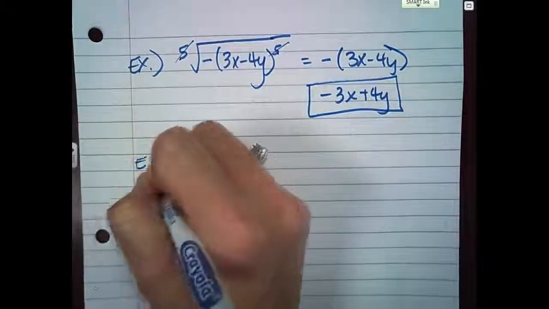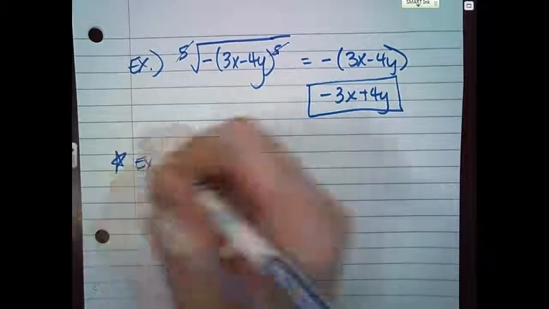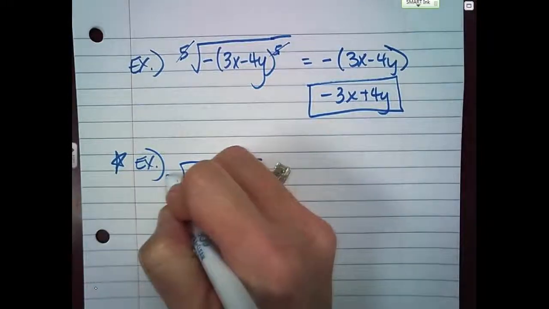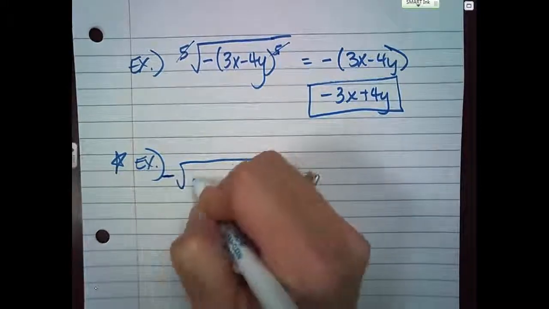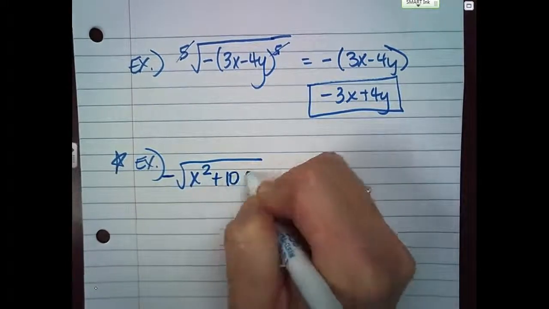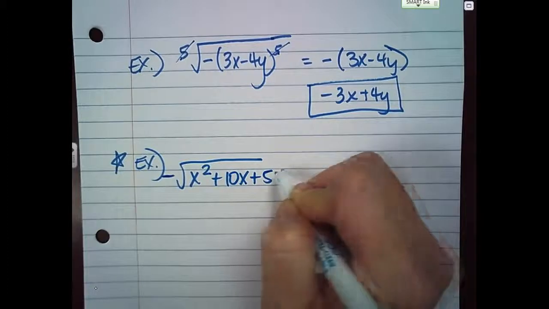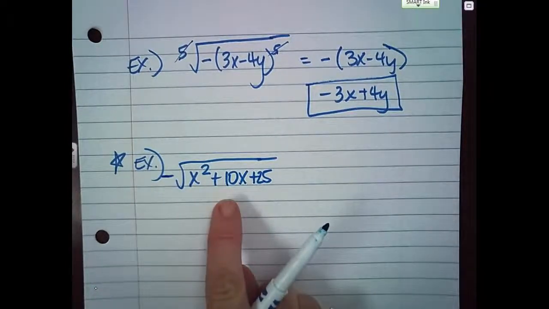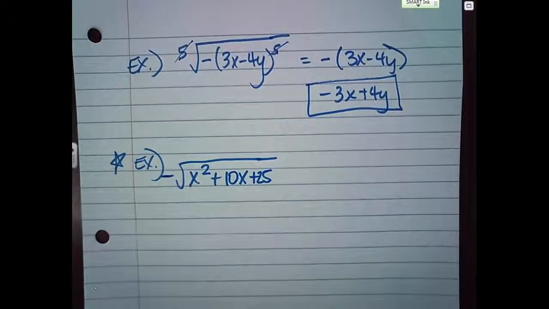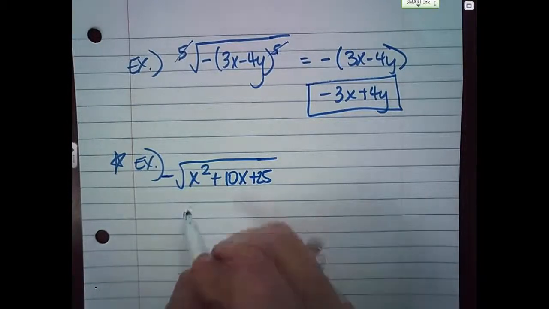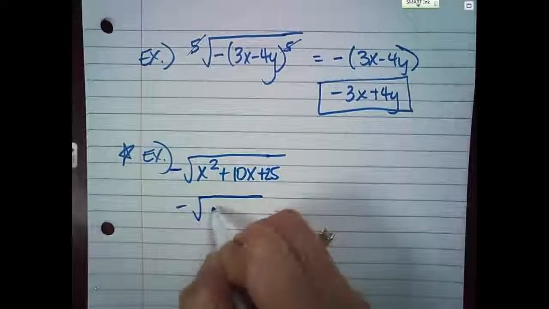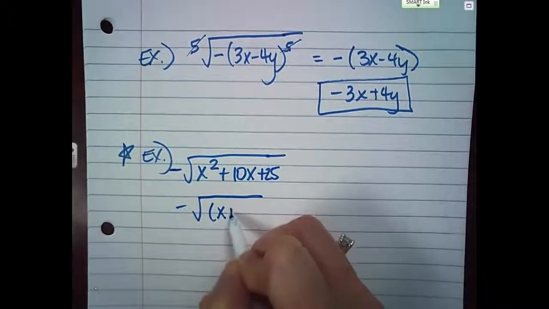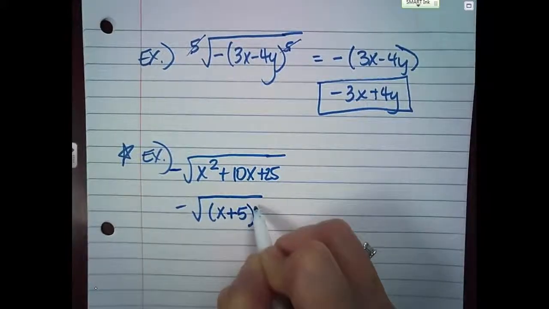Okay, the last one we're going to do gets a star again, because it's kind of tricky. Put a negative on the outside, and you're going to ask for x squared plus 10x plus 25. Does anybody know what this factors to? That's why this one works. What does it factor to? X plus 5 times x plus 5, isn't it?